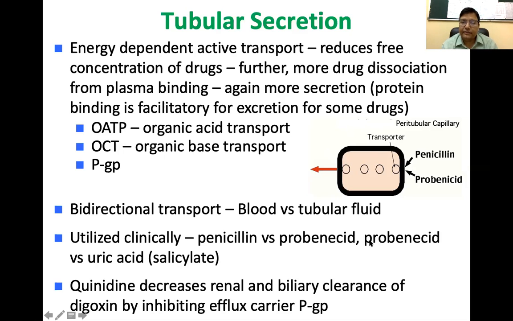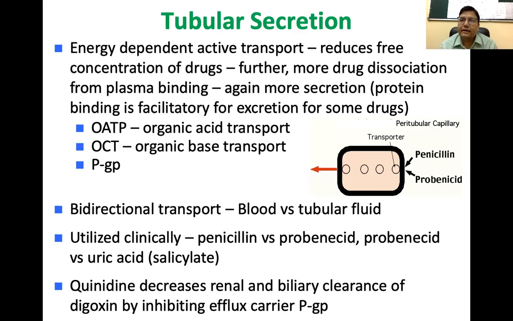Based on a similar concept, it was later found that probenecid, by inhibiting these transporters, affects the reabsorption, that means the backward flow of uric acid from the tubular fluid to the blood. By inhibiting this transporter, probenecid is not allowing the uric acid to be reabsorbed.